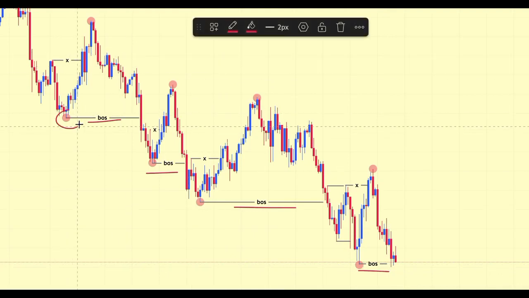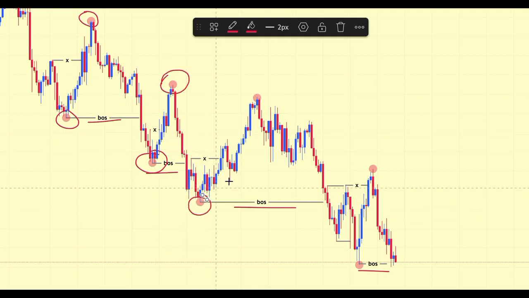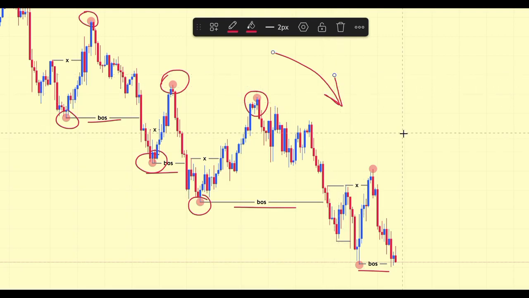We can clearly see price is making lower lows and lower highs. You can clearly see a lower low, a lower high, again here, a lower low, a lower high. So this is what we call a downtrend, where price is creating lower lows and lower highs. As long as price does not break past these protected swing point highs, we are still in a downtrend.